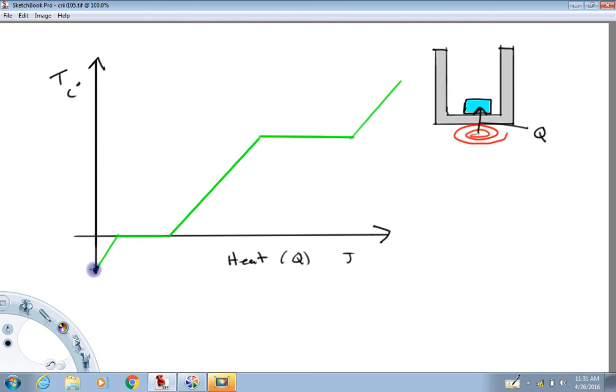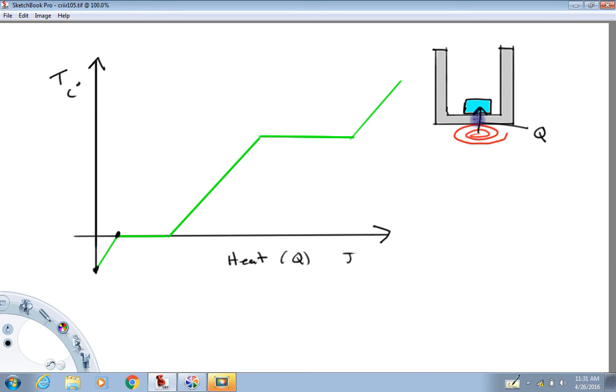This distance on the graph would represent the temperature change. This distance would represent how much heat we've added to the ice cube. This point right here is a fairly special point. At that point, the ice is now 0 degrees centigrade, and 0 degrees centigrade is the temperature where ice will start to melt.